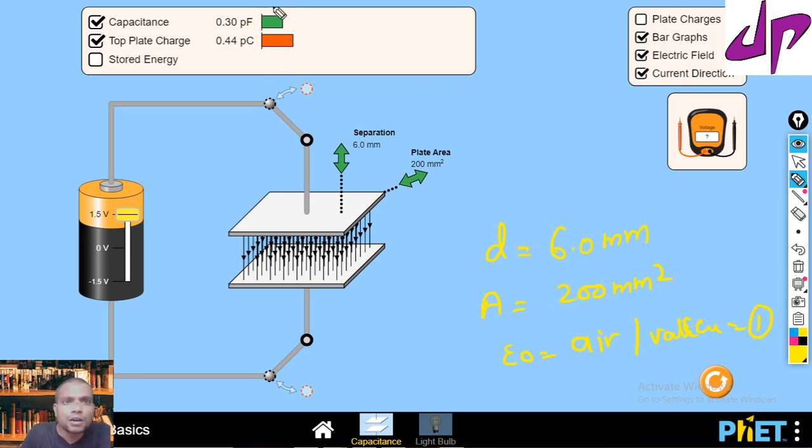The graph shows the capacitance value C equal to 0.30 picofarad.